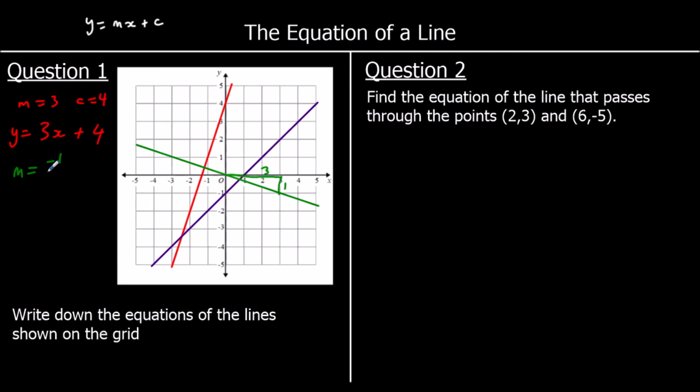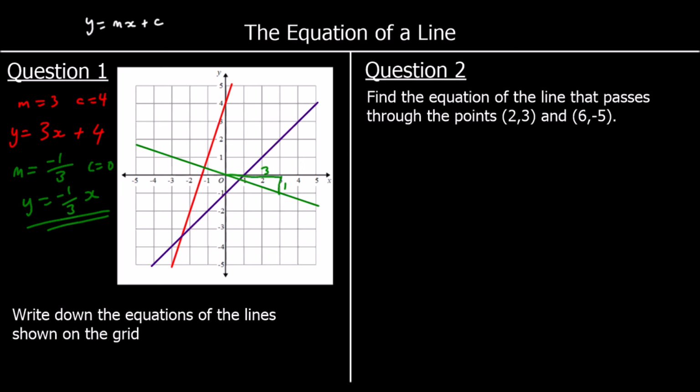So it's negative a third. For every one it goes across, it goes down by a third. Its y-intercept is at 0. So its equation is y equals minus a third x. You don't have to write plus 0. If its y-intercept is 0, you just don't write anything on the end.